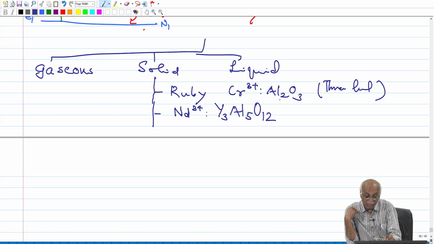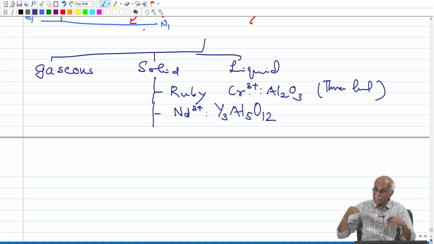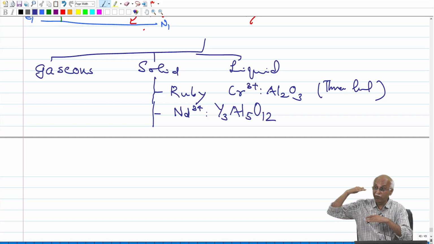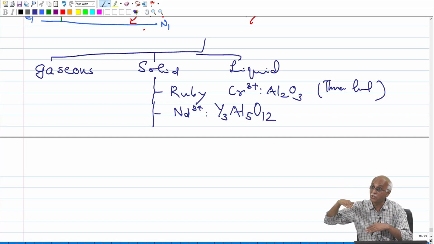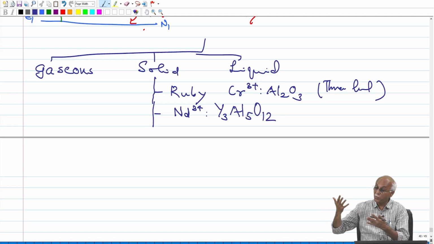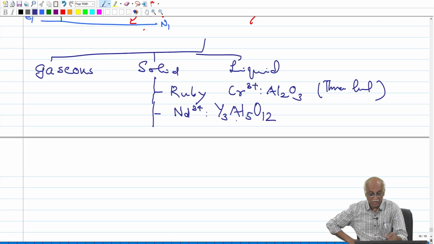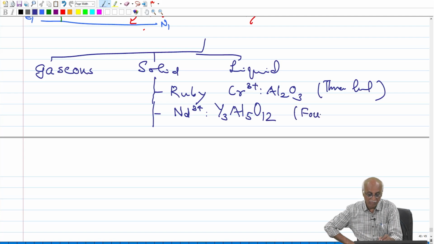Like here, sapphire is the matrix, and chromium is the ion which is responsible for such transitions, and the corresponding energy levels are important as a 3 level system. Here neodymium 3 plus is the ion which is responsible for the 4 level energy system.